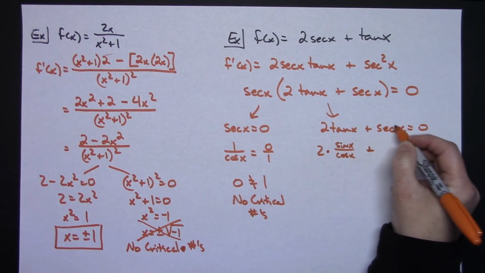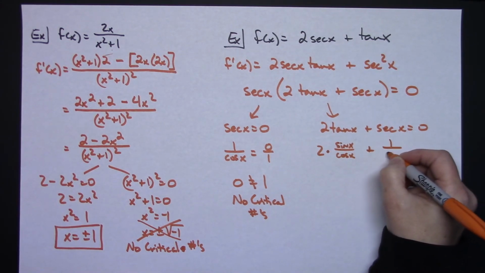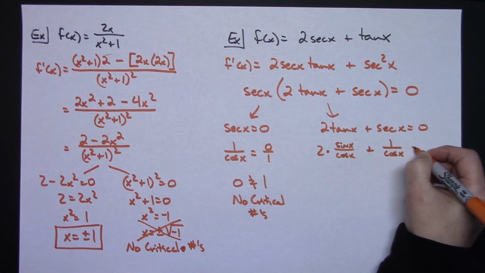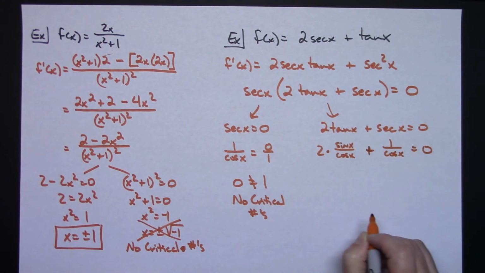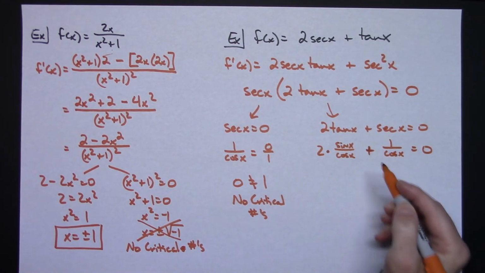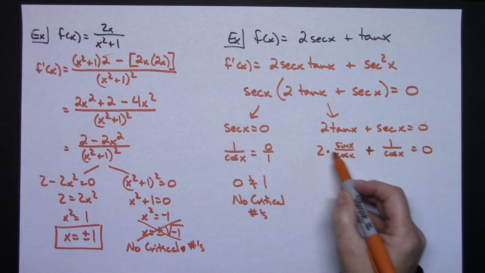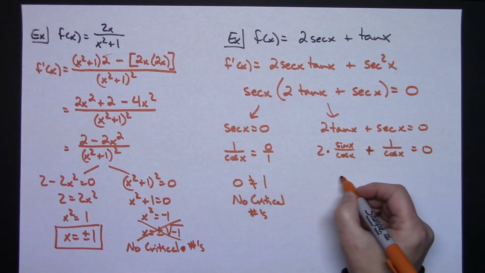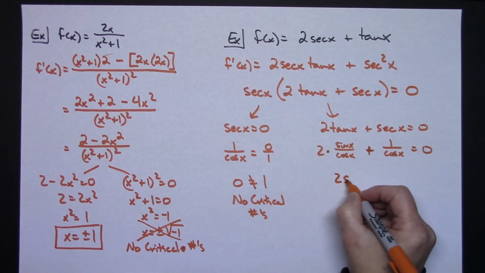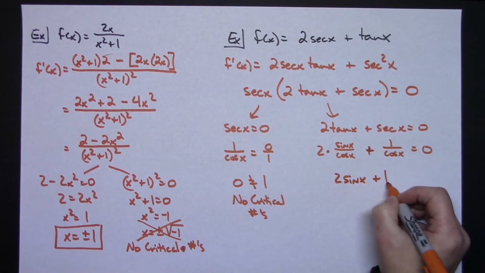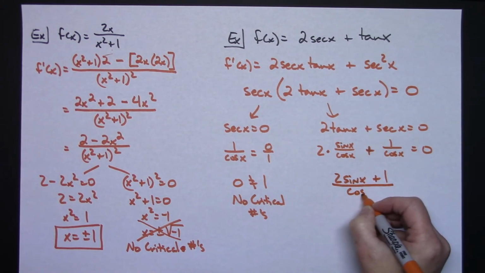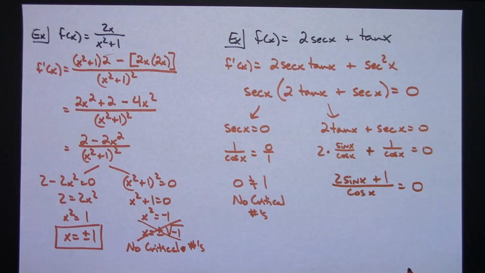Alright, plus, now let's do a substitution for secant as 1 over cosine x, still equal to 0. Alright, now I can add these fractions, because I now got common denominators, so really on top I'm going to have a 2 sine x plus 1 all over cosine x equals 0.